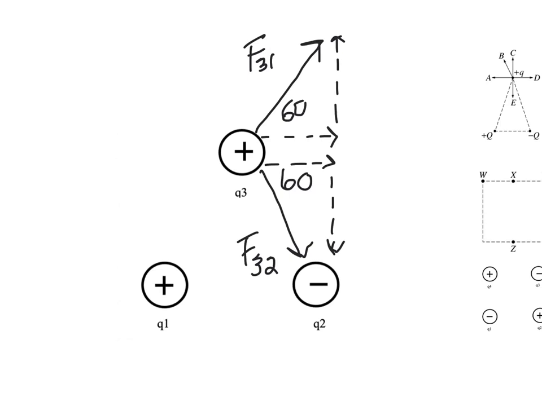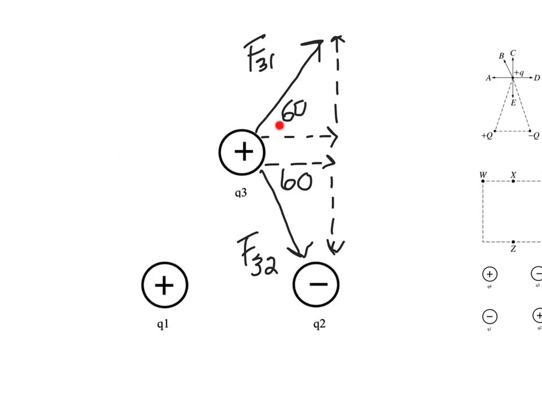Okay, so there are two vectors: the force on 3 due to 1, and the force on 3 due to 2. And those vectors are at a 60-degree angle to the x-axis. That's the trig that we did in the last problem.